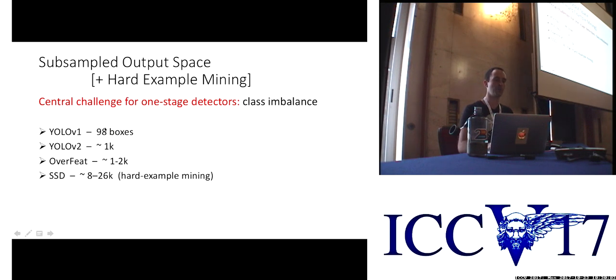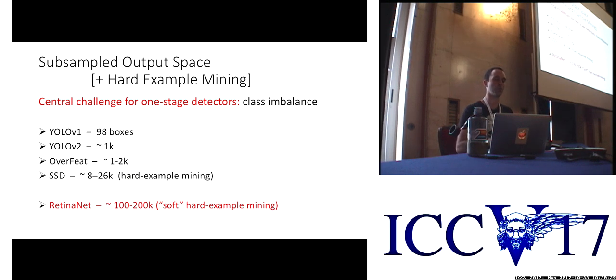And as you move from these very small numbers of boxes to more boxes, the class imbalance problem becomes more and more dramatic, and there's a need for additional machinery to come in. For example, hard example mining is one of the strategies that's been used, for example in SSD, to help deal with this imbalance in a one-stage system.